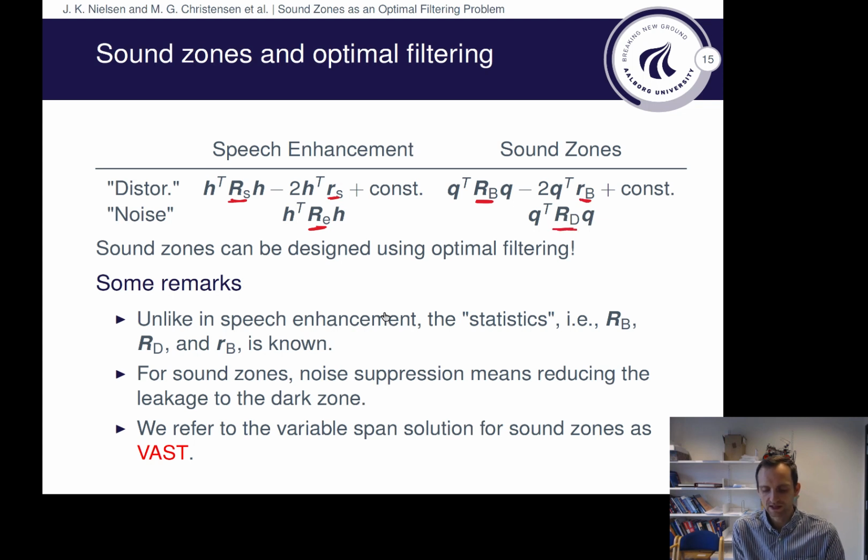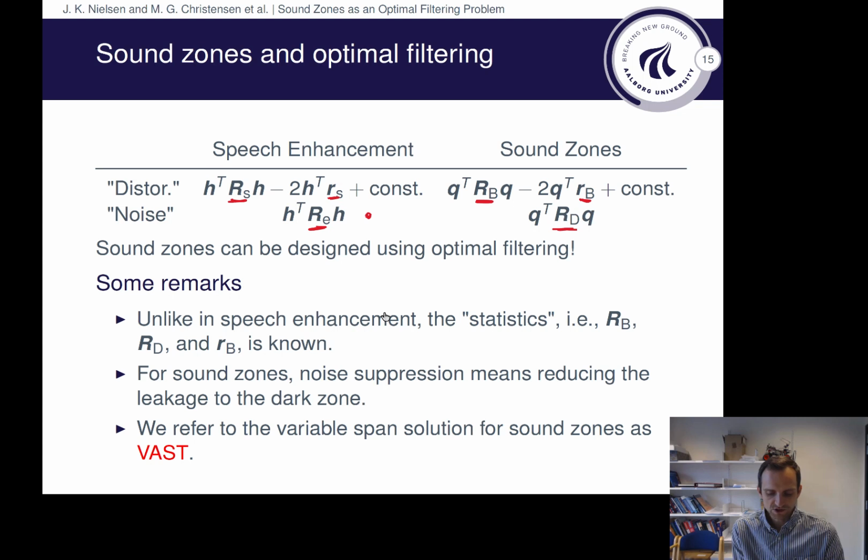We have direct access to our desired signal and to our uncontrolled signal, so we can compute these. That's really a nice thing. In speech enhancement, this was called noise suppression. For sound zones, it means the leakage to the dark zone. This is how you should think about noise in the sound zone application.